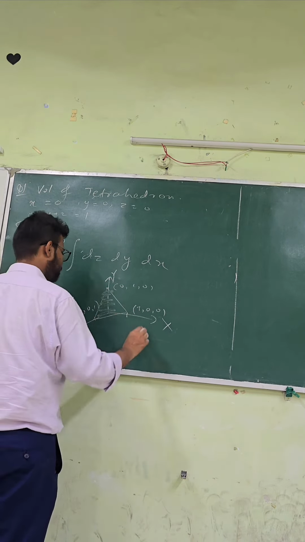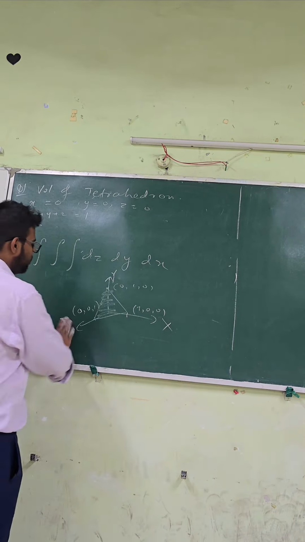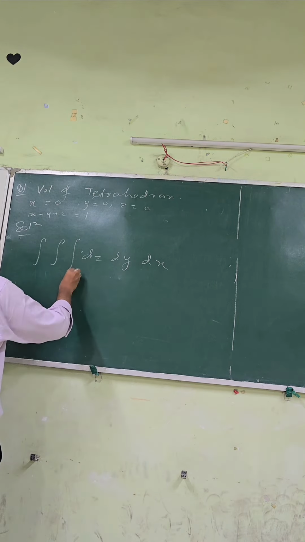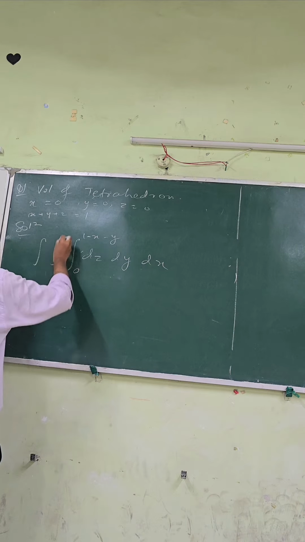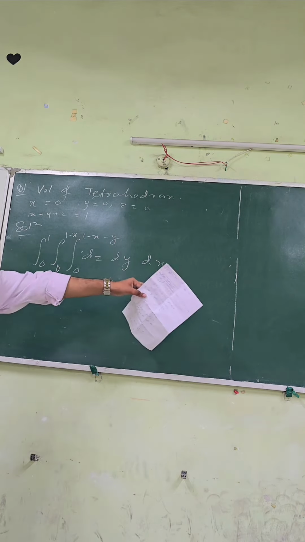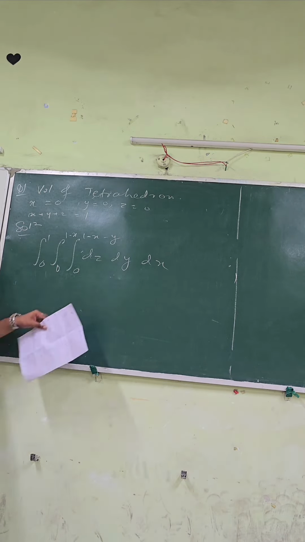This is how the region looks. So you consider the volume of this thing. z goes from 0 to 1 minus x minus y. Then you substitute y as 0: it goes from 0 to 1 minus x, and then x goes from 0 to 1. You evaluate this, you will get the answer. This is how you solve such kinds of problems.